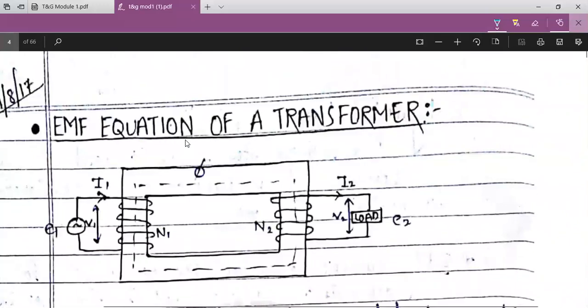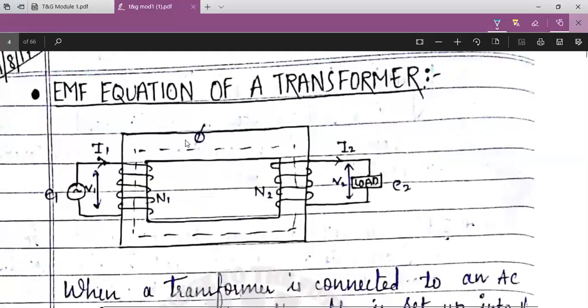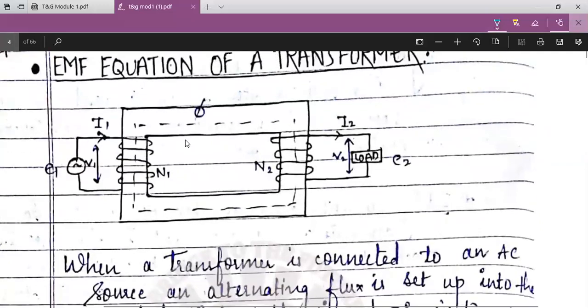Similarly, this EMF equation of a transformer you already studied. You just look at it here. So the EMF equation of the primary winding and secondary winding of the transformer.